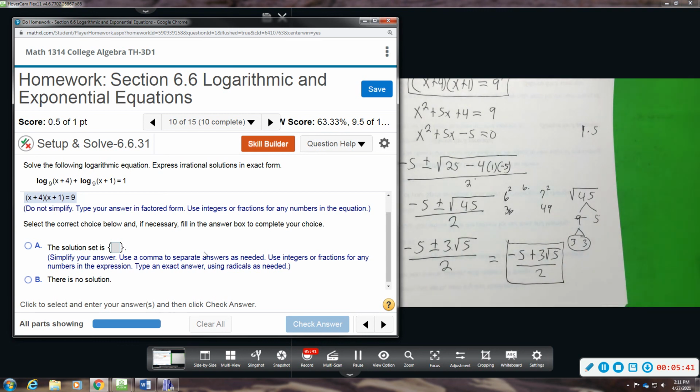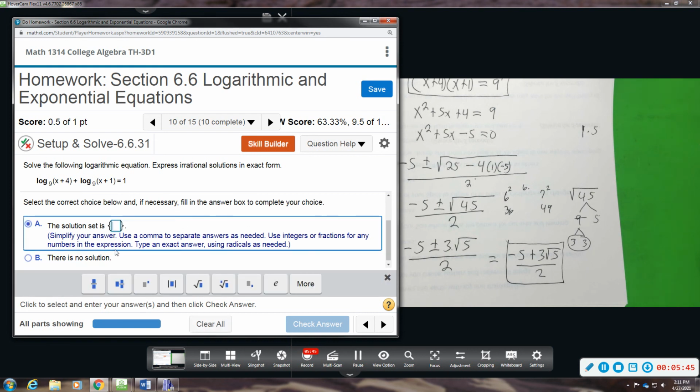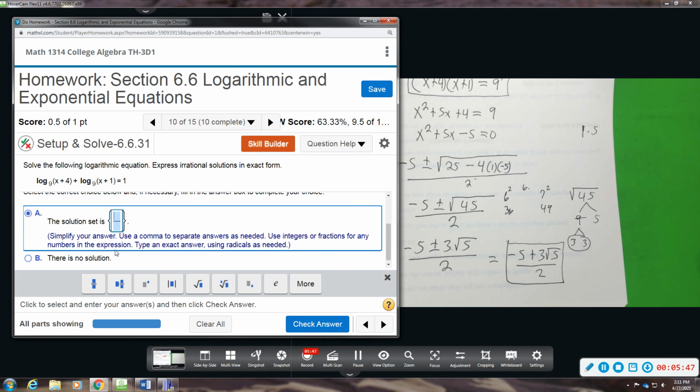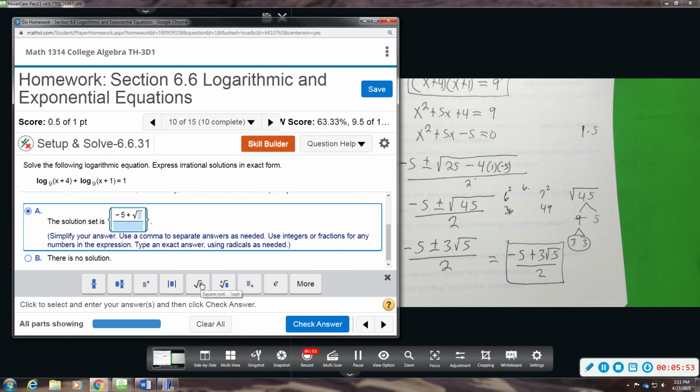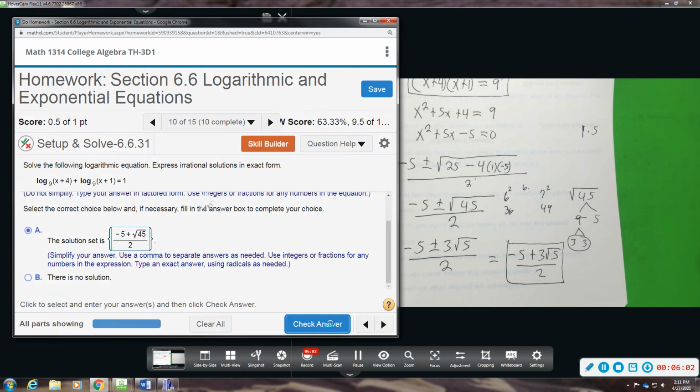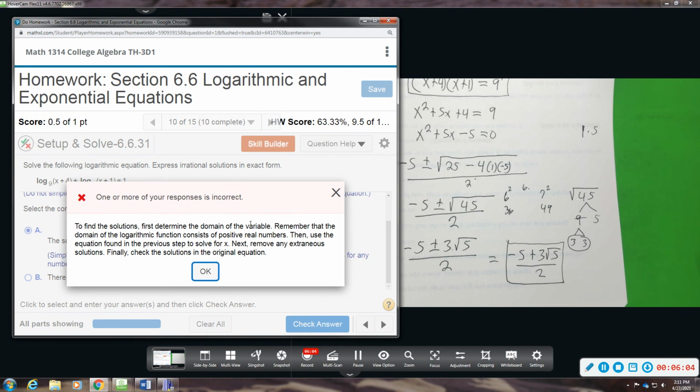But let's see, just in case you get something that you're not certain will reduce. Do a division bar, negative 5 plus the square root of 45 over 2. So that's this non-reduced answer. It just says to find the domain, remember, finally check.